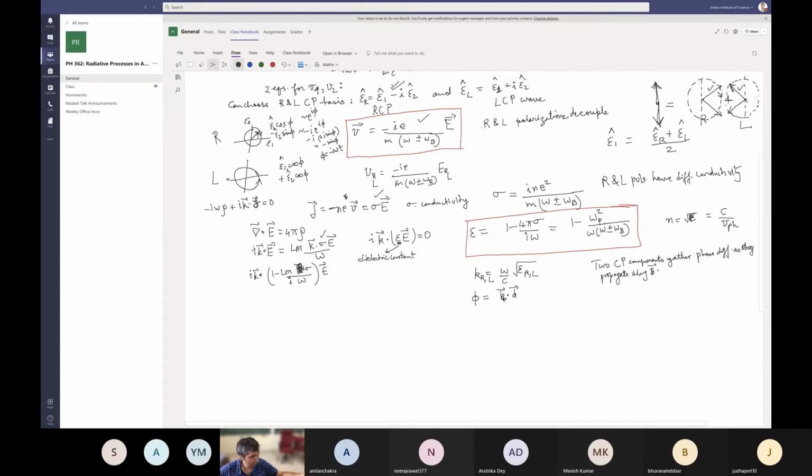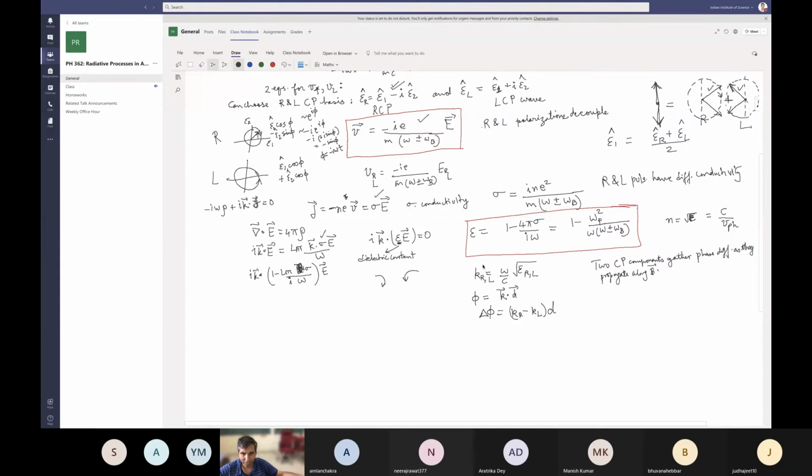So the R wave and the L wave will gather a phase difference delta phi equal to (K_R minus K_L) times the distance. So what is K_R and K_L? Let's see.